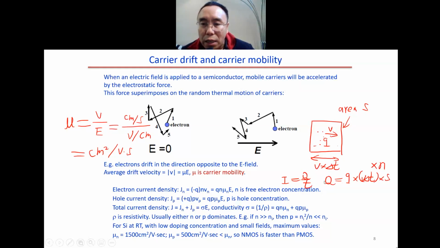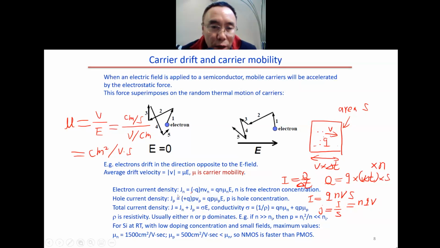This gives you the charge. Then the current is I equal to Q divided by delta t, so equal to q n v S. Then the current density is the current divided by the area, so equal to n q v. You bring S to the left side, and you have n q v. So this is the current density.